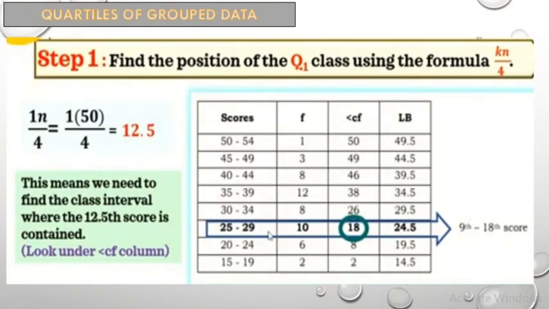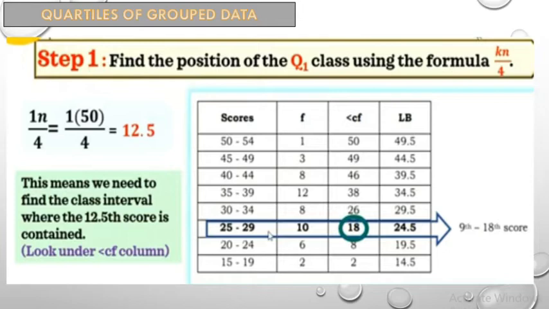Since nakuha na po natin yung ating cumulative frequency and our lower boundary at yung iba pa, pupunta na po tayo sa step 1, which is to find the position of the Q or quartile 1 class using the formula Kn over 4. So, 1, kasi 1 po siya kasi first quartile, and ang ating N is 50, that's why 1 times 50 over 4 is equal to 12.5.